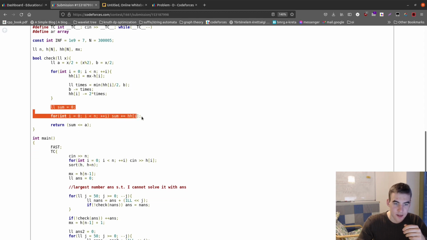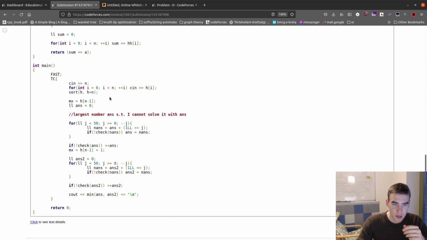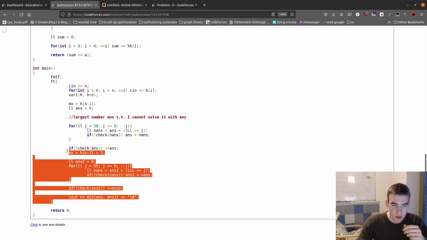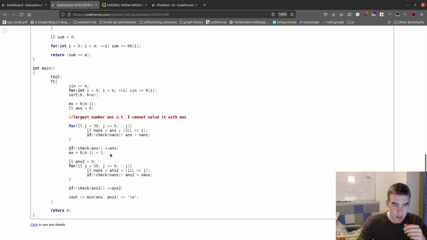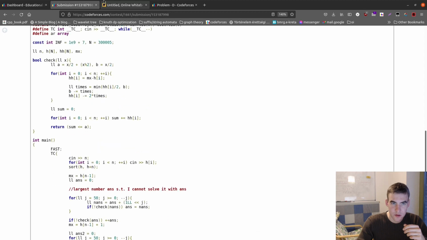At the end I take the sum of the remaining heights, and if that's smaller than a, and a stores the number of 1's I have, then I can solve it for that x. I just binary search for both possible maximum heights, and I print out the minimum of the 2.